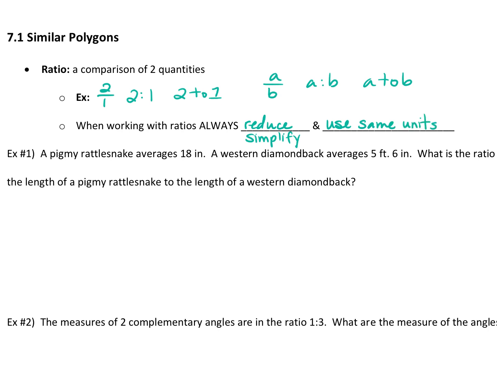So if I'm trying to say the comparison of this to this, I want to say like 2 inches to 6 inches, right? I want to compare my units the same, because then when you reduce, it reduces well. If you have inches to feet and then you try to reduce that, it doesn't reduce well. So when working with ratios, we're going to reduce and we're going to use the same units. And here's your first example of what we're going to do with that.